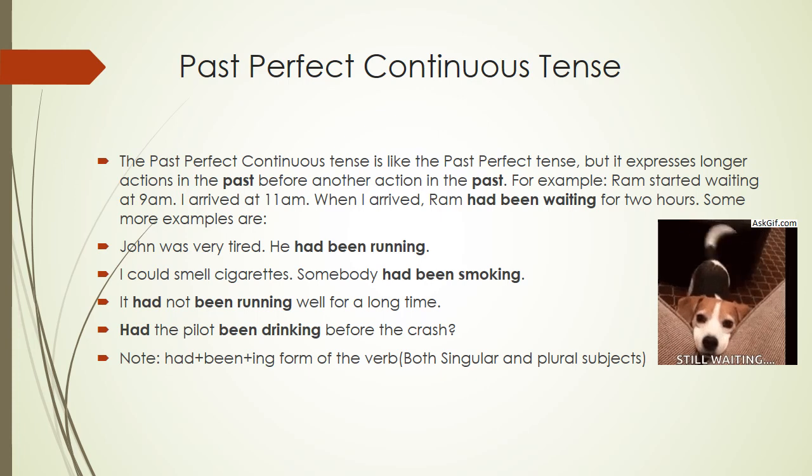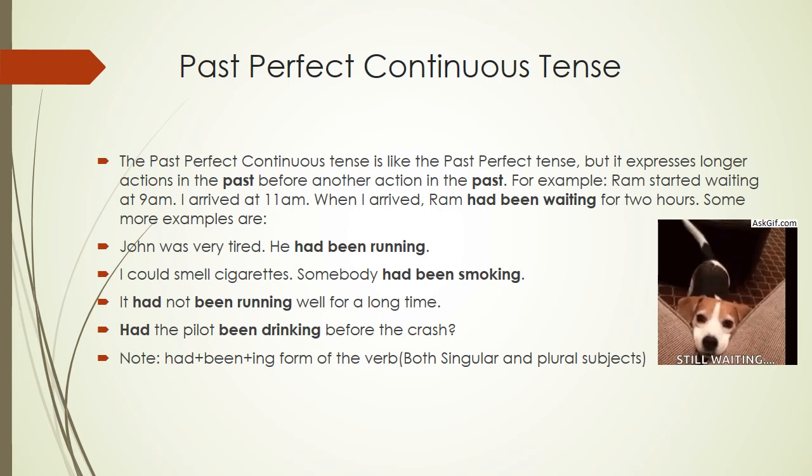Some more examples if you look at it. John was very tired. Now why? Because he had been, yes, running. I could smell cigarettes. Somebody had been smoking. Causal connection? It had not been running well for a long time.